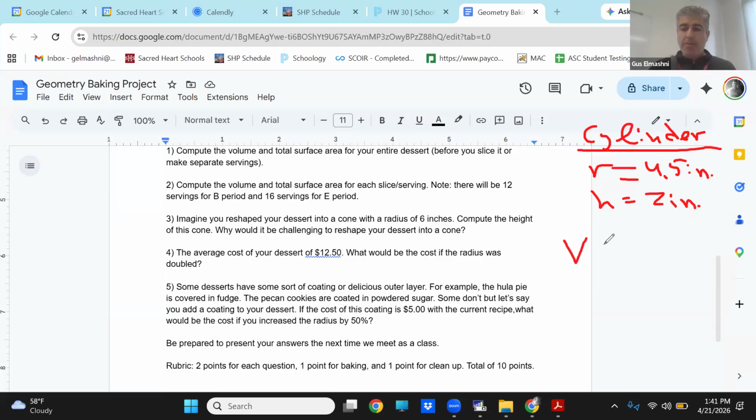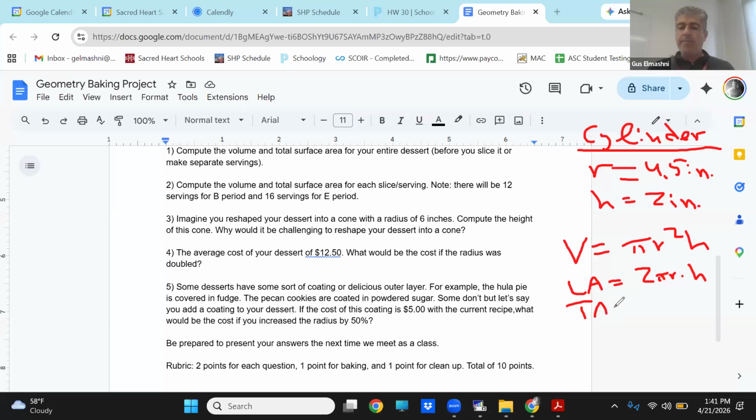So volume is pi r squared h. I'm not going to calculate because they should calculate themselves. So let them handle it. But it's pretty straightforward. Now the lateral area is going to be the perimeter times the height, but the perimeter is a circle, so it's just 2 pi r times h.